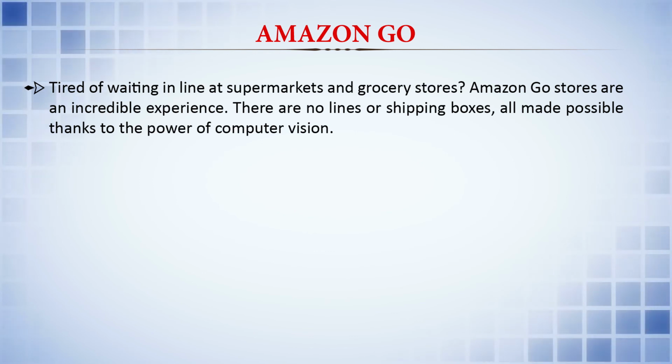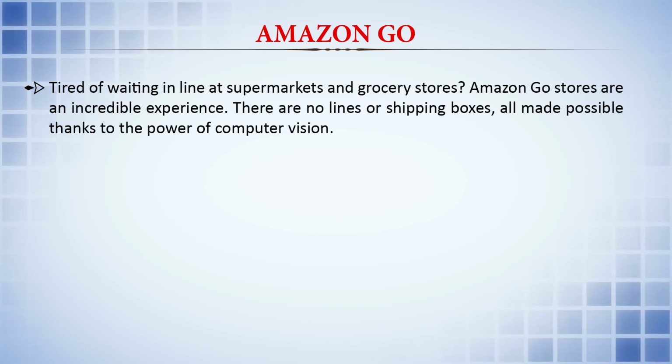After picking out all the products, we have to stand in a long queue in order to get them billed. But in Amazon Go, it is the reverse: you pick, collect, place it in the cart and just walk away. So there are no lines or checkout boxes, all made possible thanks to the power of computer vision.